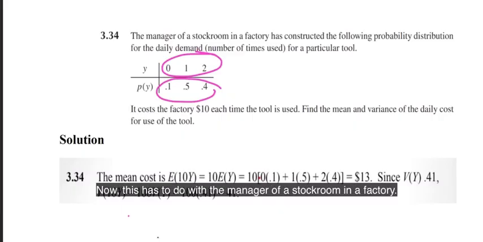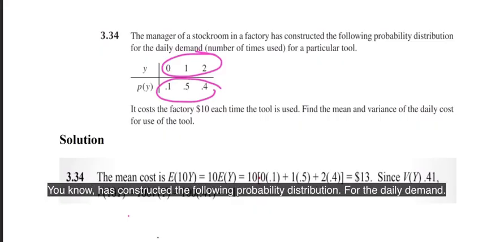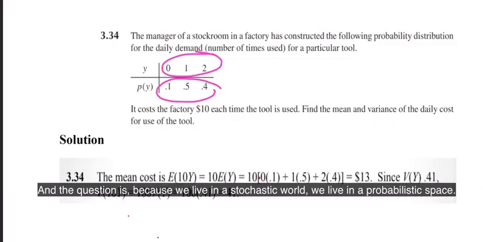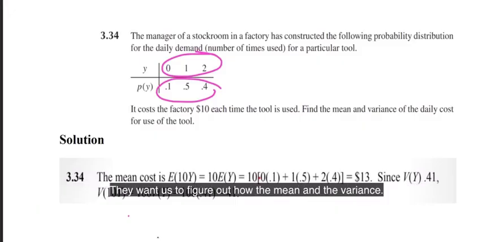Now, this has to do with a manager of a stockroom in a factory who has constructed the following probability distribution for the daily demand, the number of times used for a particular tool, okay? And it costs the factory $10 each time the tool is used. And the question is, because we live in a stochastic world, we live in a probabilistic space, they want us to figure out the mean and the variance of the daily cost for use of the tool.